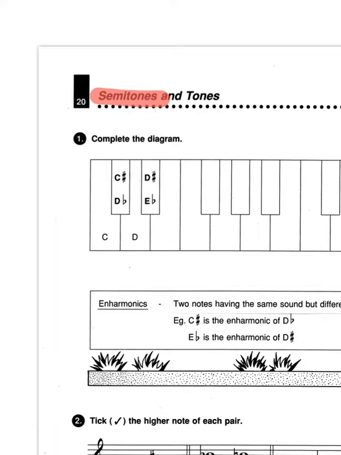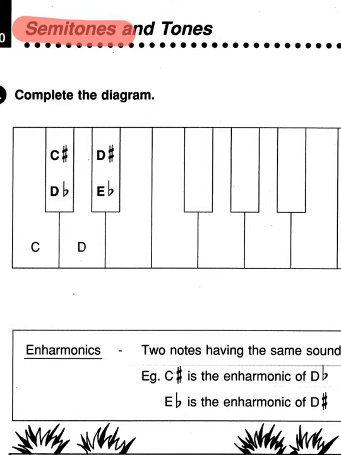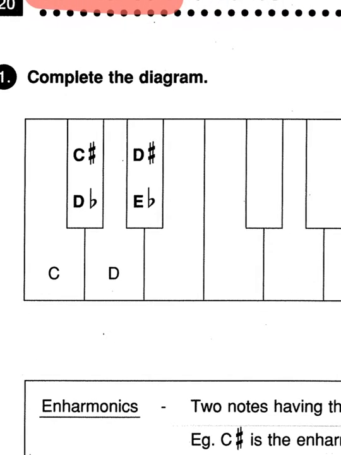Right, so what we're asked to do here is on this piano, firstly, we just need to write the letter names that exist for each of these piano notes. So, we all know how a musical alphabet works, so this should be quite straightforward. C, D, what's going to come next?